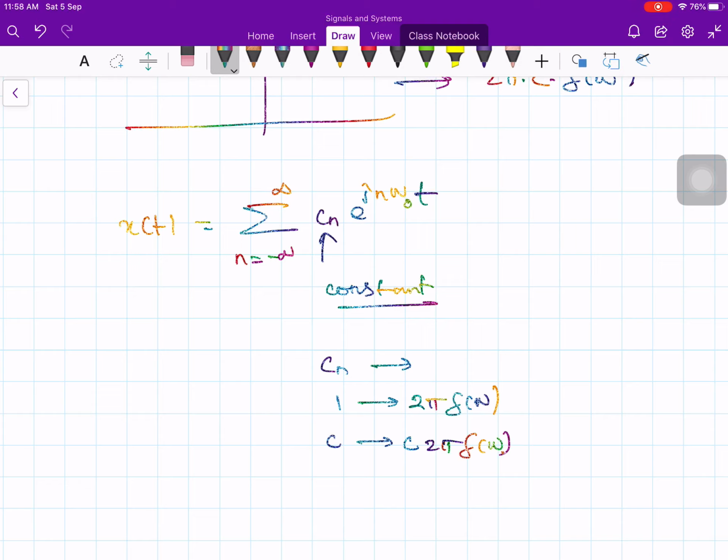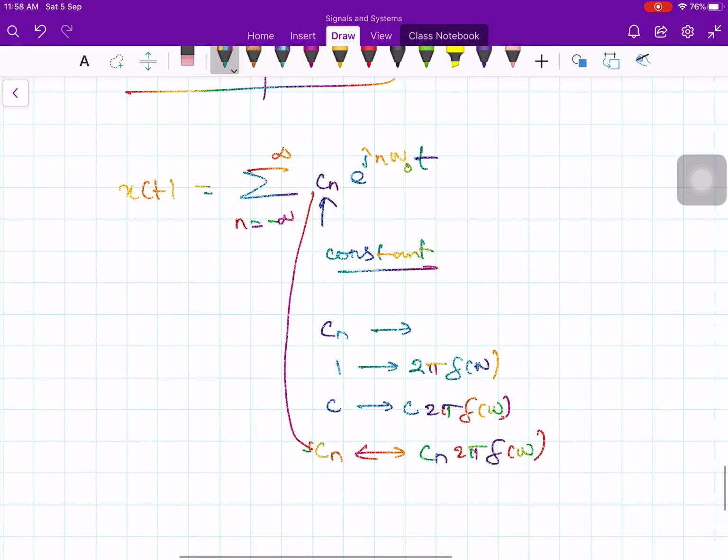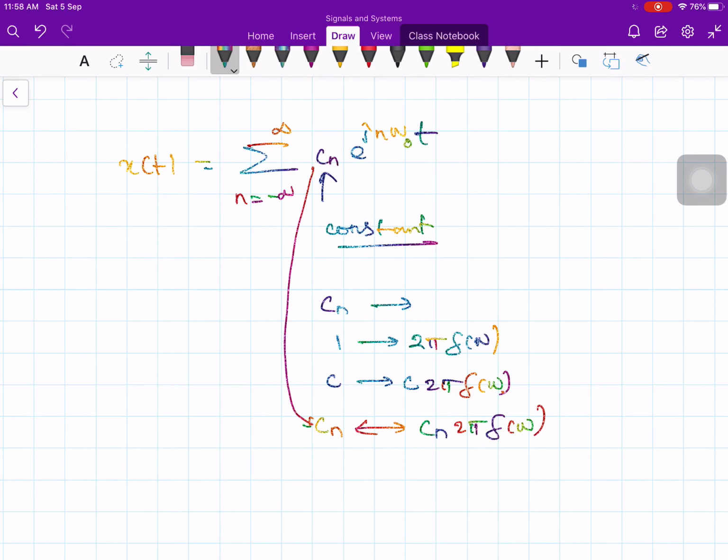So Cn times 2 pi times delta of omega. Now that Cn is multiplied by an exponential, therefore it is frequency shifting. If you take the Fourier transform, this constant stays as it is, then 2 pi times delta of omega minus n omega naught, that's all.